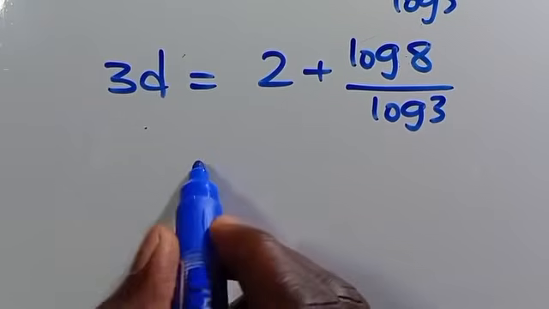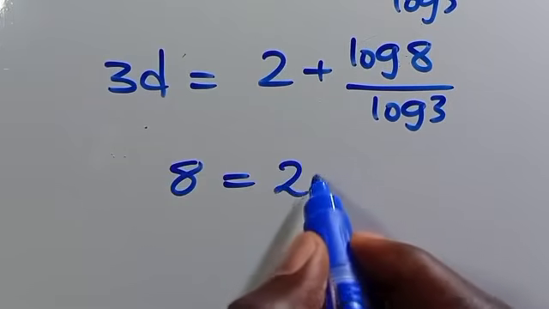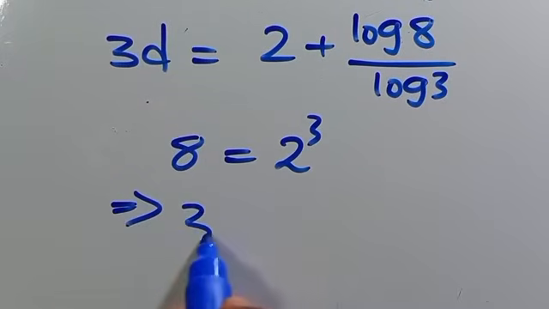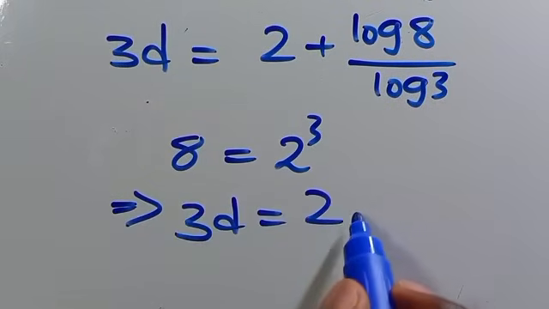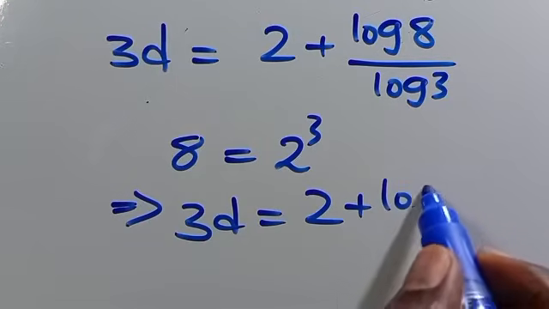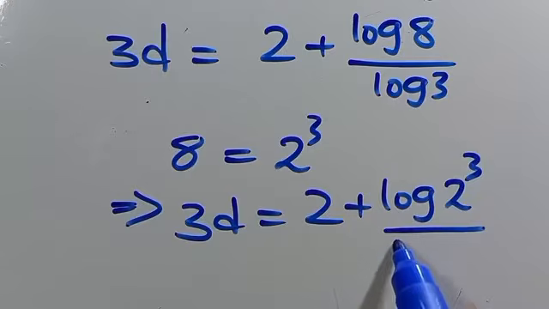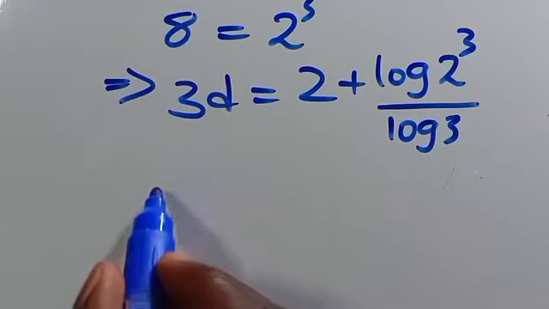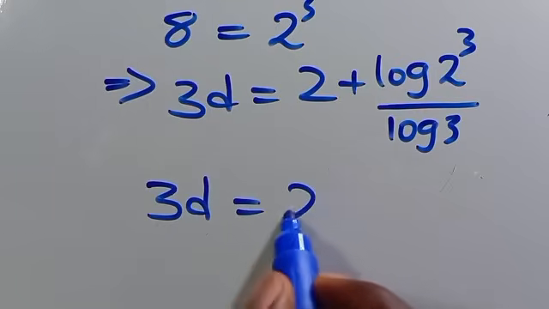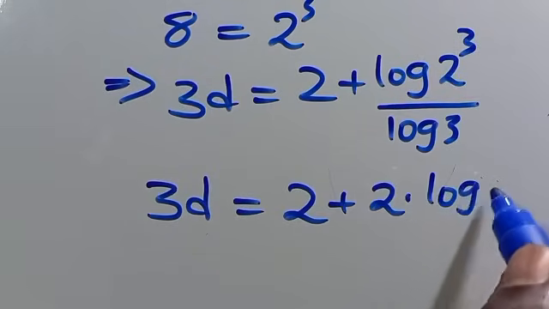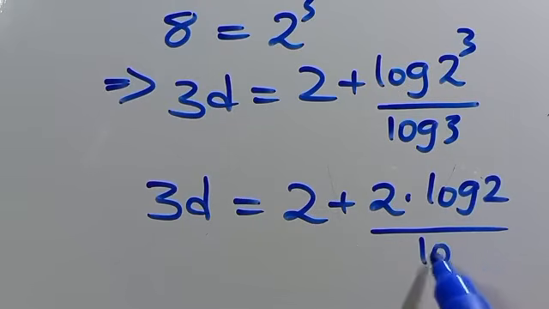Then we can also have 8 as 2 to the power of 3. So this implies we have 3d equals 2 plus log 2 to the power of 3 over log 3. So we have 3d equals 2 plus 3 multiplied by log 2 over log 3.